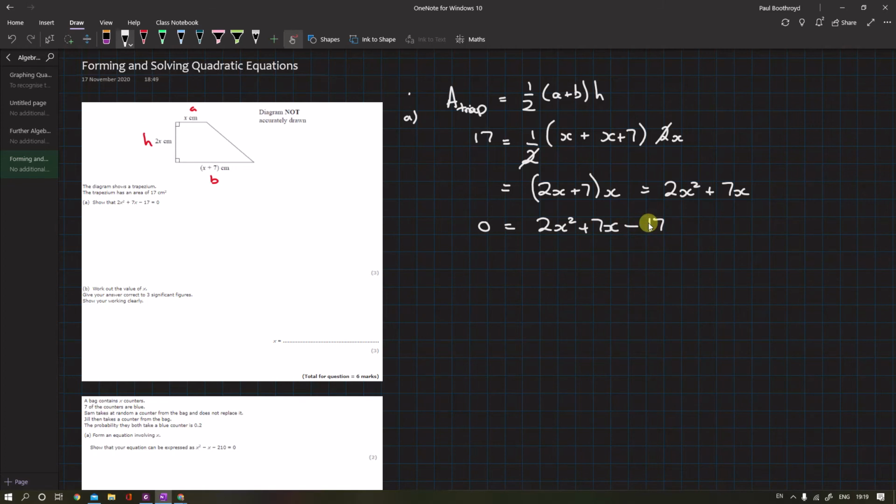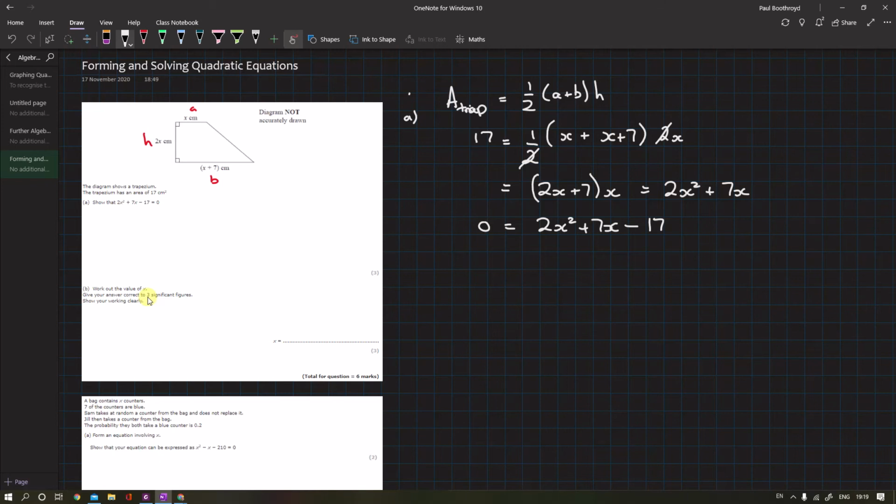Now what they want us to do is give your answer correct to 3 significant figures, show your working clearly. Now there's a bit of a clue to technique here. If they say integers or rational functions, you might be thinking about using completing the square or factorising.